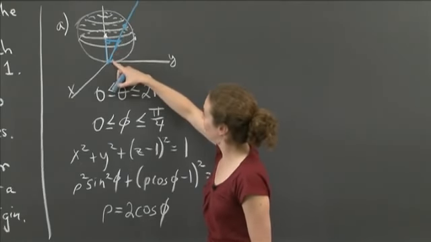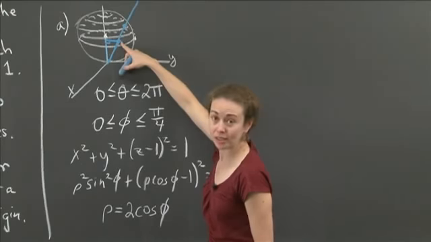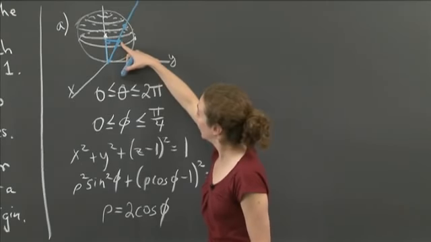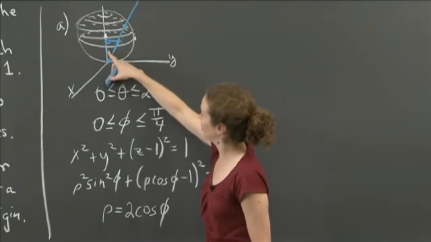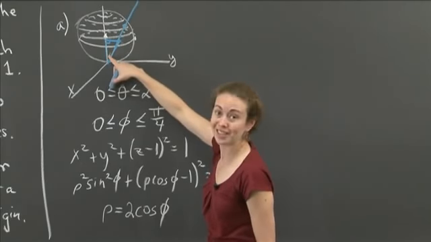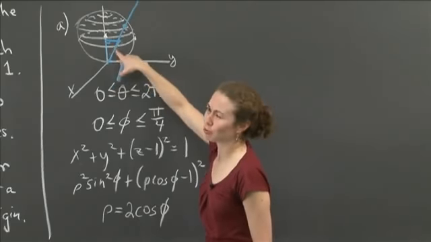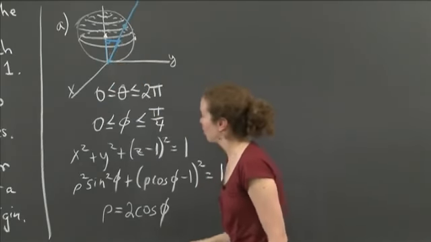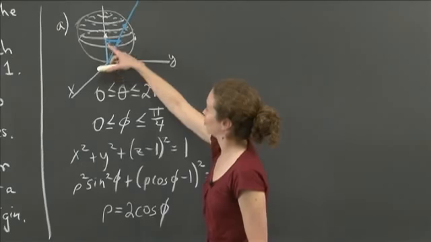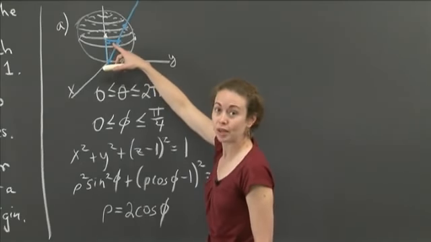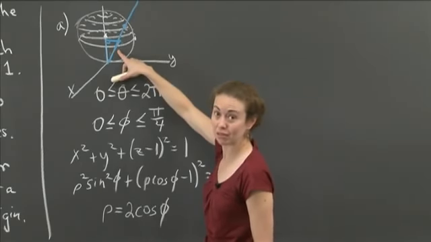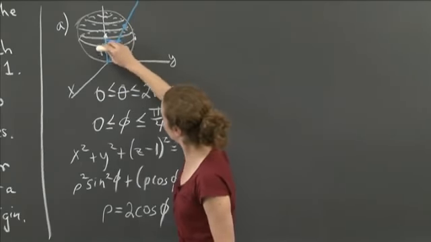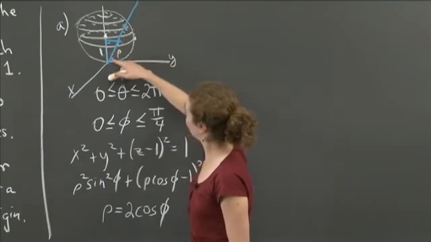I need to figure out what the length of this is right here, and you can see it right away from just the fact that this angle is phi, rho is secant phi. So the bottom boundary comes from just simple geometry. You get this length is 1 here, so you get rho is equal to secant phi, right? This length here is 1. This is the rho I'm interested in, the blue part here.